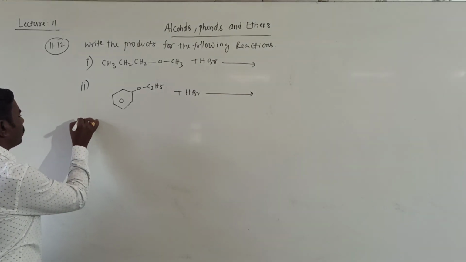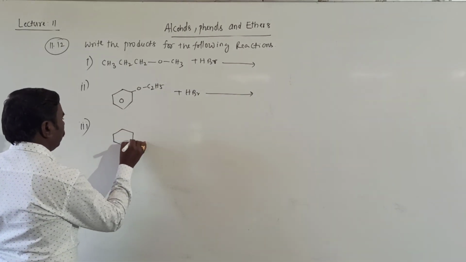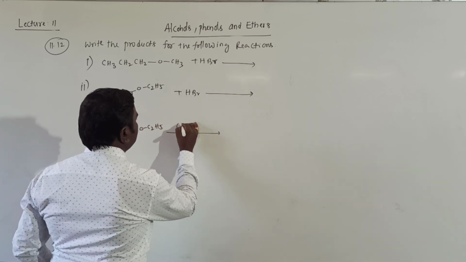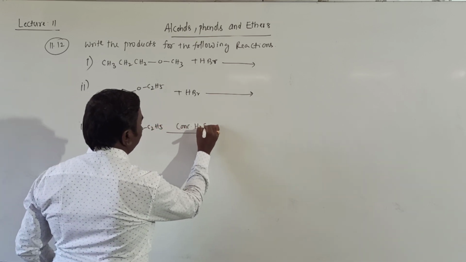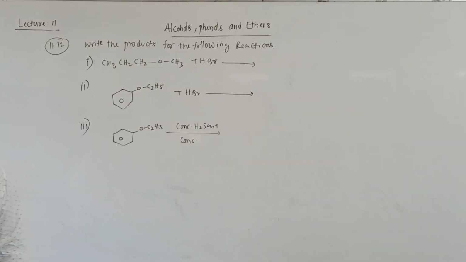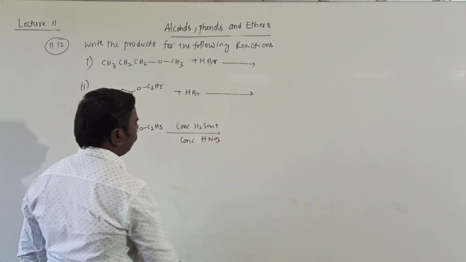The third one is OC2H5 with concentrated H2SO4 plus concentrated HNO3, it is the nitration mixture.